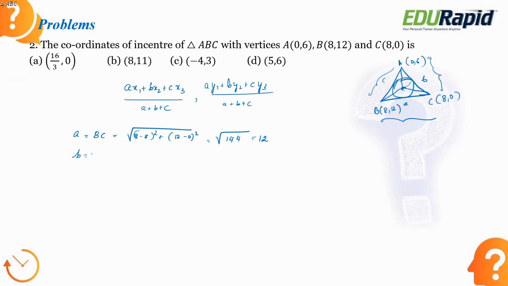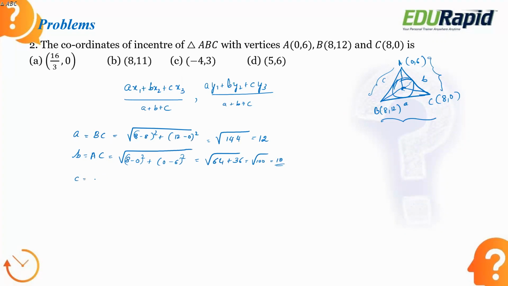Similarly, b is equal to AC, and that is root of (8 minus 0) whole square plus (0 minus 6) whole square. So I get root of 64 plus 36, which is 10.